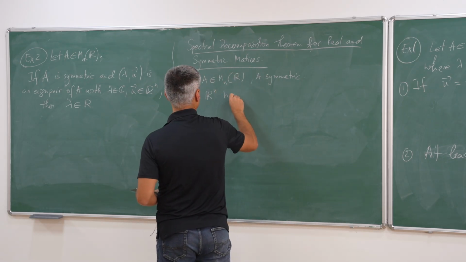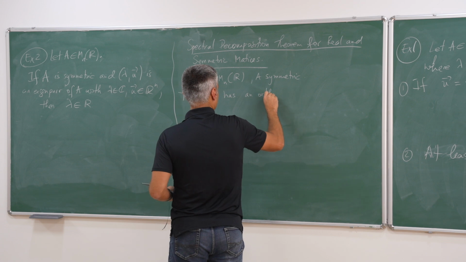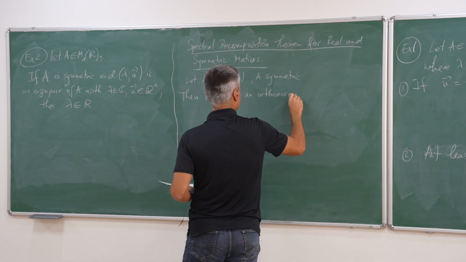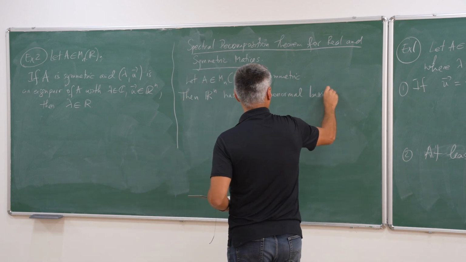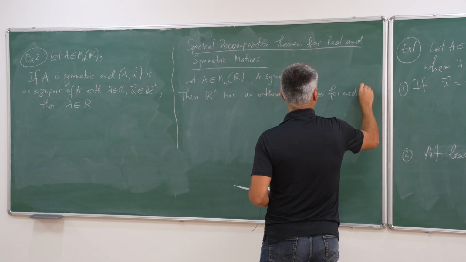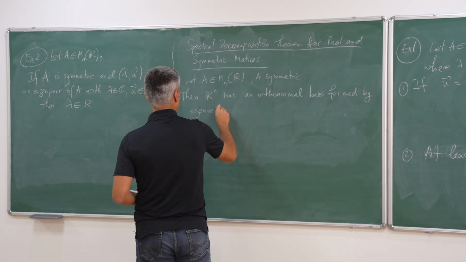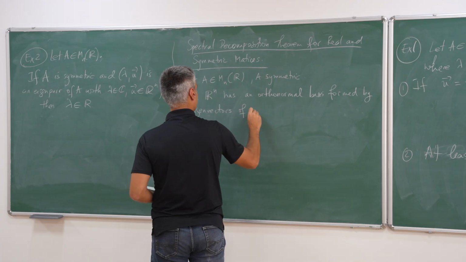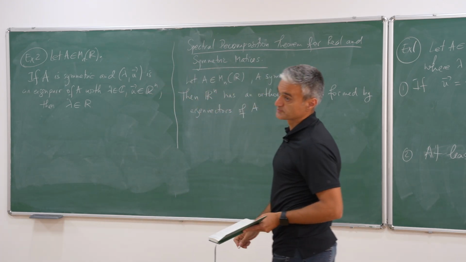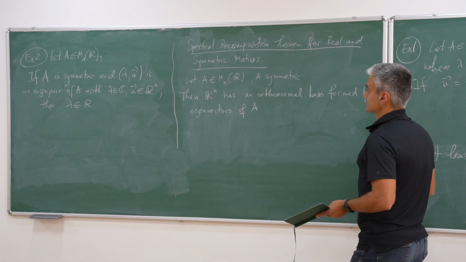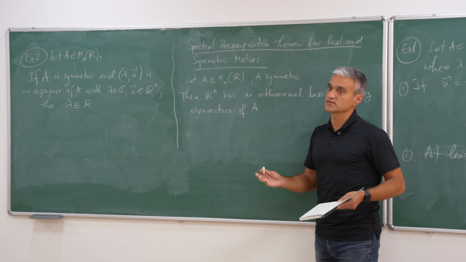Rn has an orthonormal basis formed by eigenvectors of A. So again, at the beginning you may say, okay, what's the big deal?